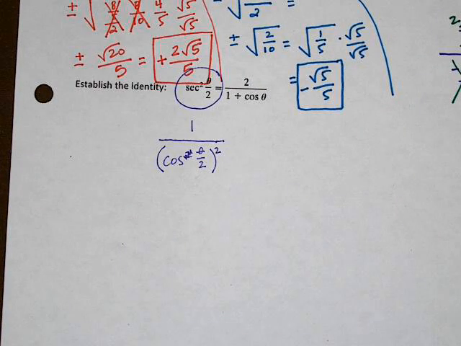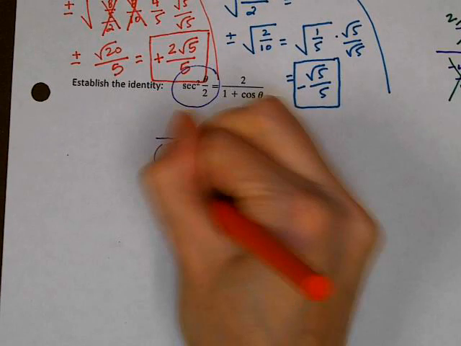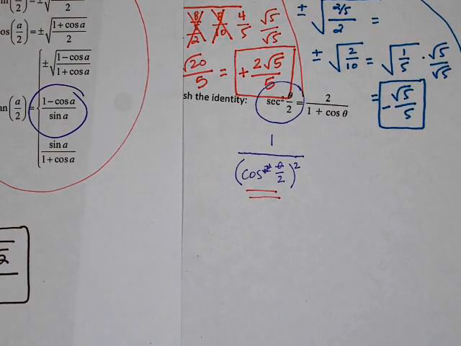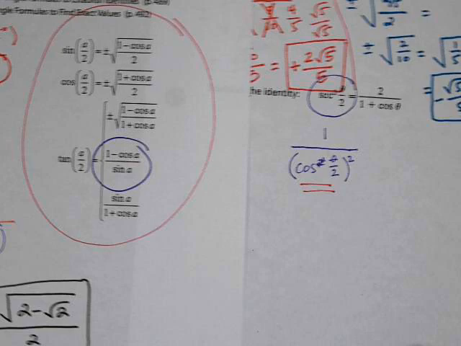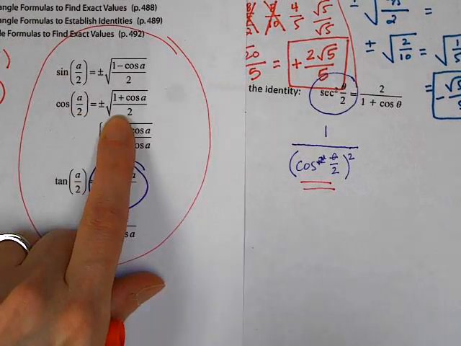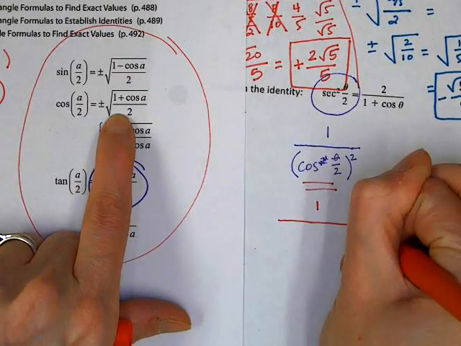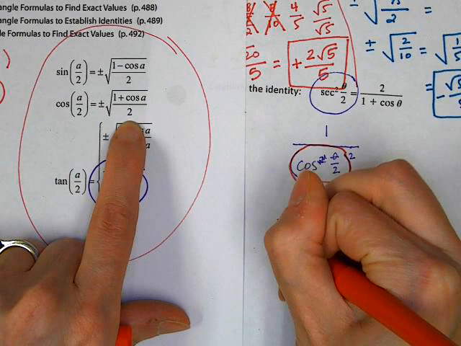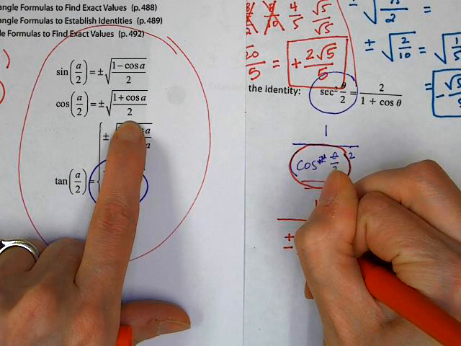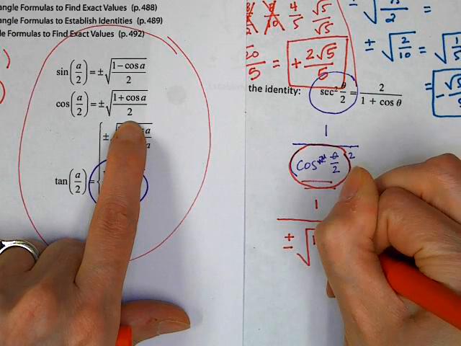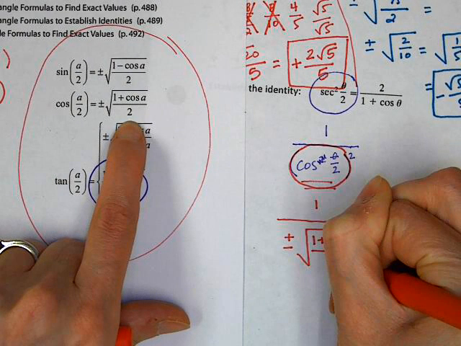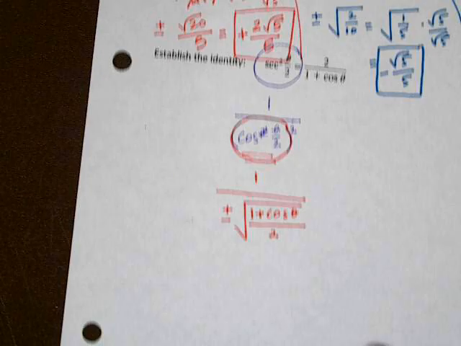All right, so if we can find cosine's half angle identity, that is right here. So 1 over, I'm just going to plug cosine's half angle identity in. Plus or minus square root of 1 plus cosine theta all over 2, but then we're squaring that, right?